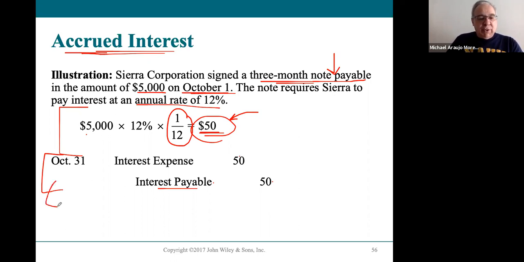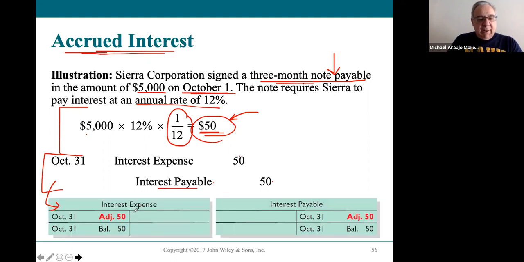When that's actually posted in the ledger, if I can finish my little arrow there, I will show you that now we have an interest expense for $50, and now we have an interest payable for $50. Okay. So again, on any loan a business has, the interest on the loan can be expensed.